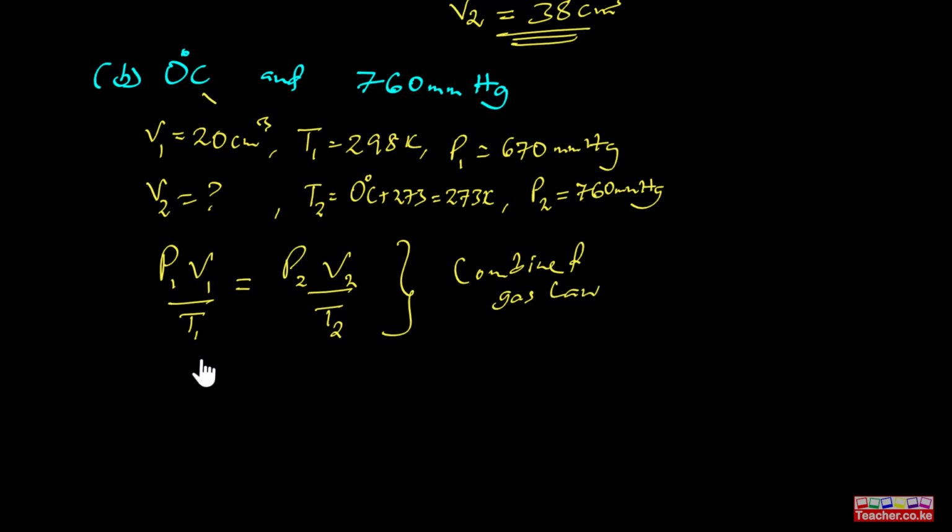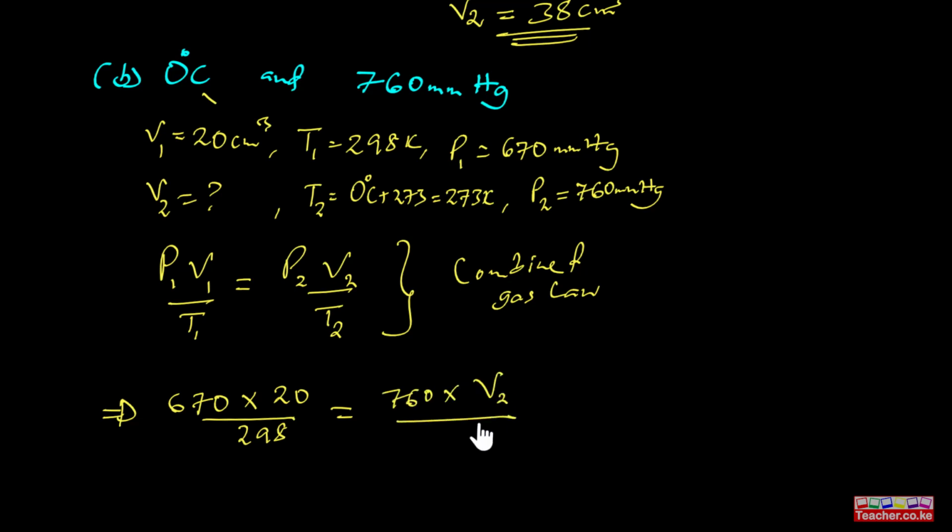So substituting our values, we are going to have 670 times 20 over 298 equals 760 times V2 divided by 273.